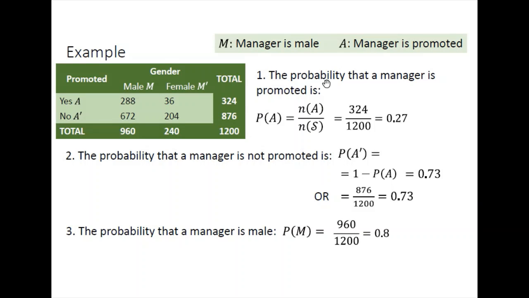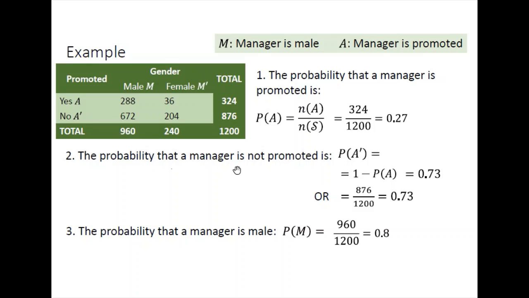Number 1, the probability that a manager is promoted. So promoted is yes. So in total we have 324 managers who are promoted divided by the total number of managers, NS is 1,200, so the probability is 27%.